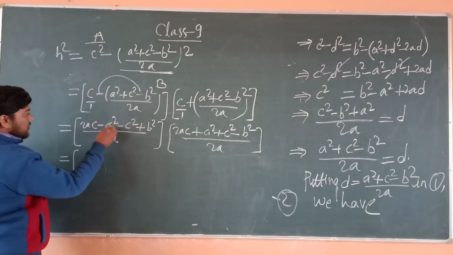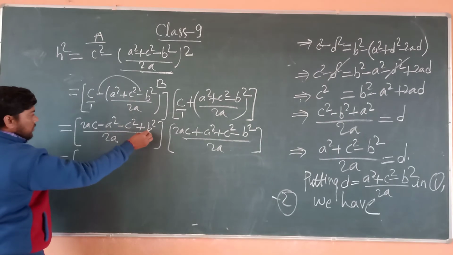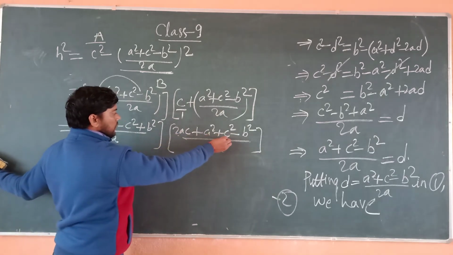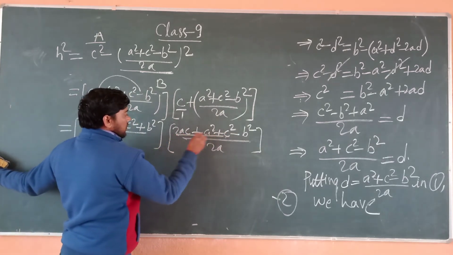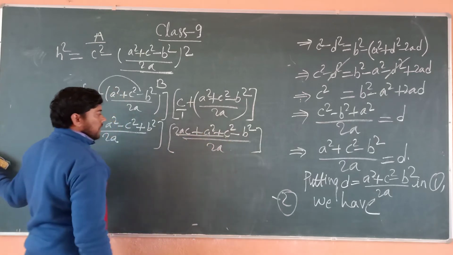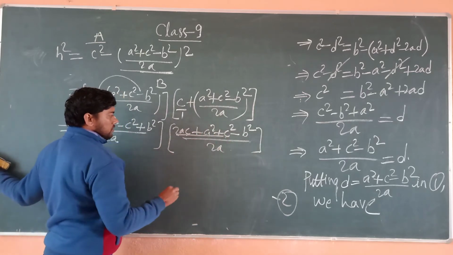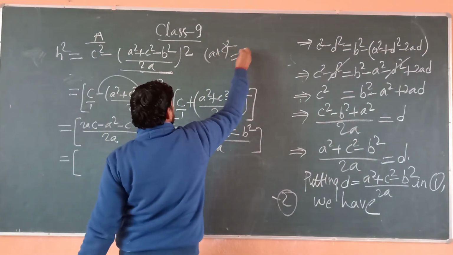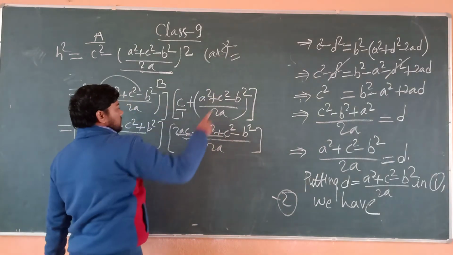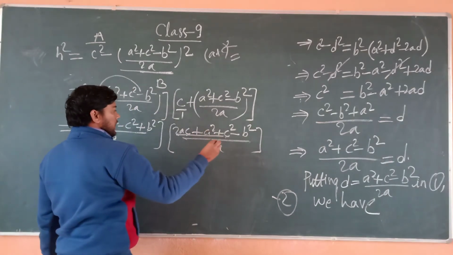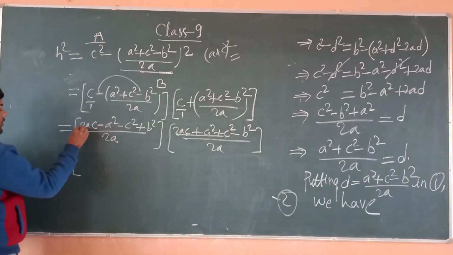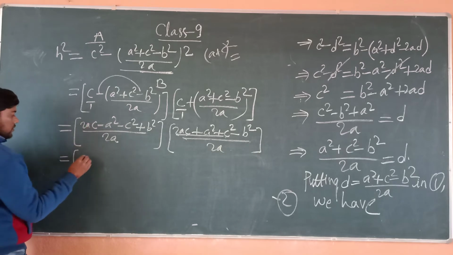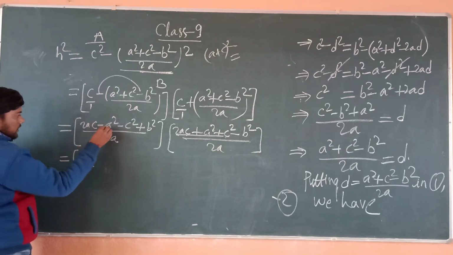2ac minus a square minus c square plus b square, and 2ac plus a square plus c square. See here, 2ac plus a square plus c square is (a plus c) to the whole square, which is equal to a square plus 2ac plus c square. And there is plus 2ac minus a square, so take minus common out.